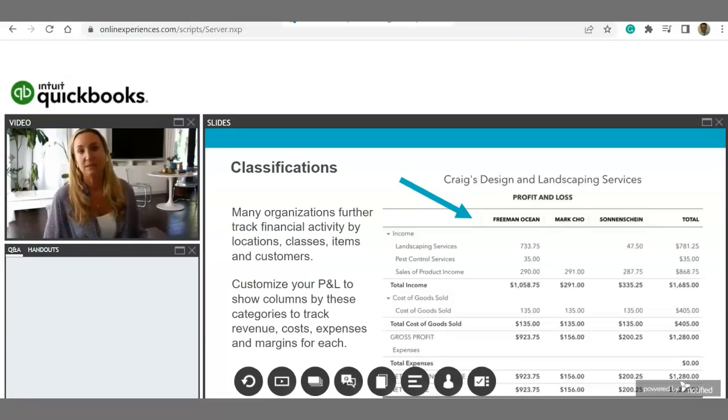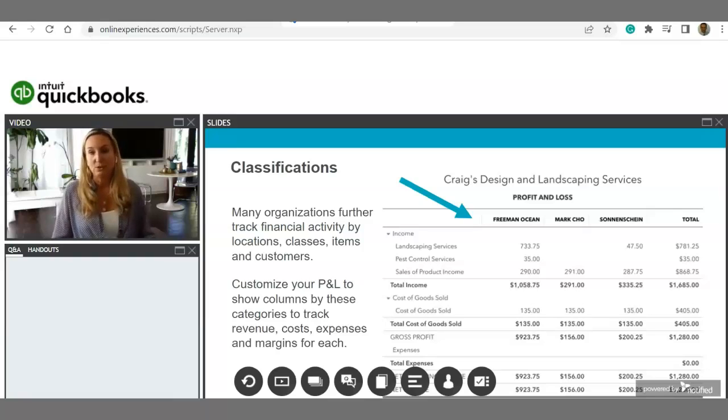And this company is using that class tracking so they can run a P&L report, and instead of one column by total, you can change it to show columns by classes. And that lets you see side by side which of your classes has which revenue, which dollar amounts for revenue, which class is performing better for revenue, which classes are the most profitable, which classes have the highest expenses, things like that. And that's really nice to see.